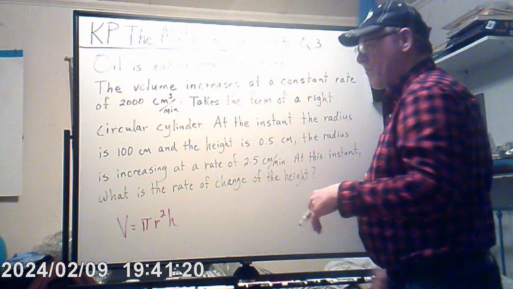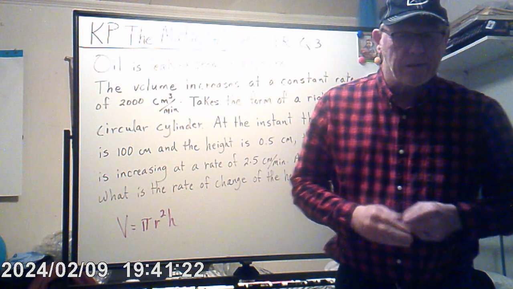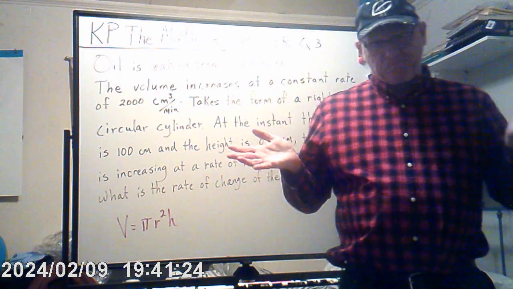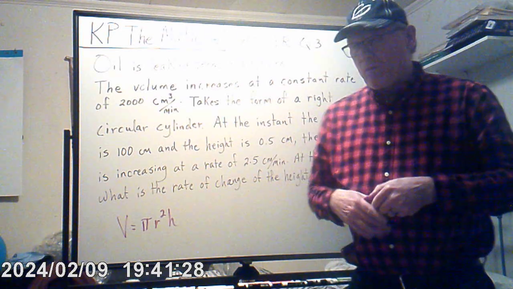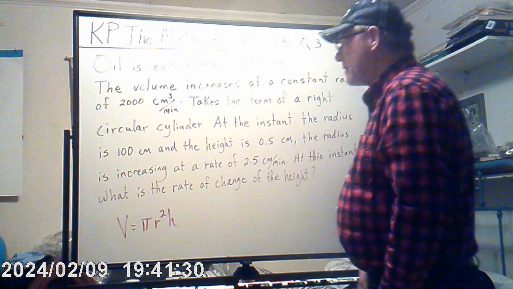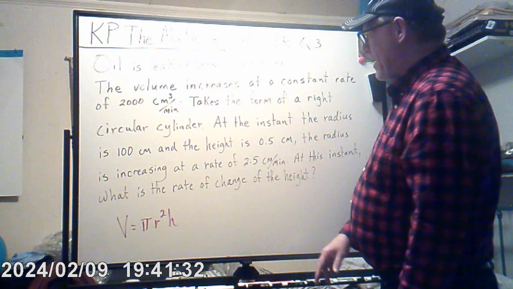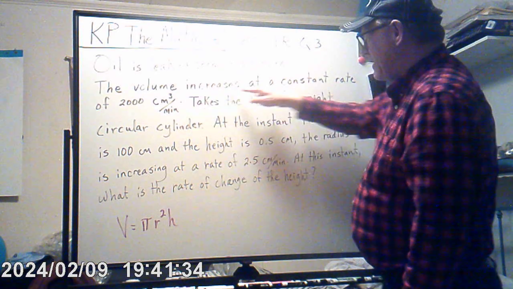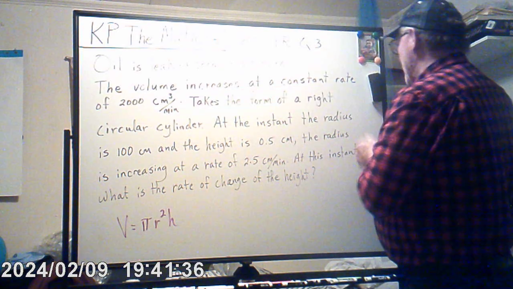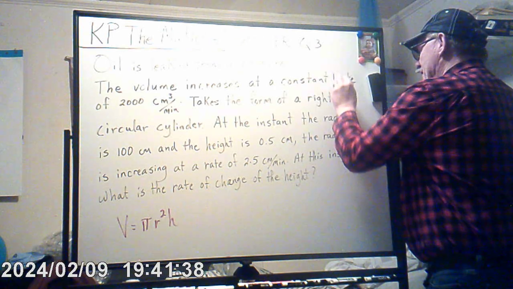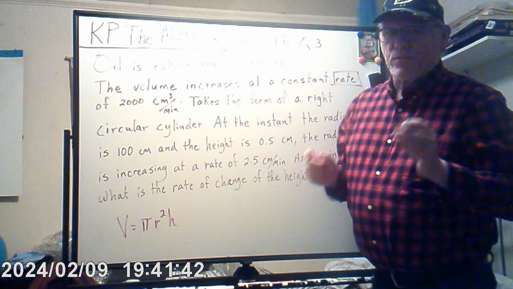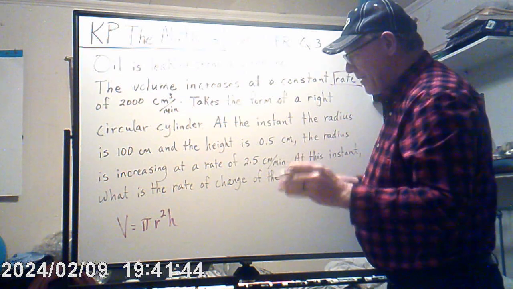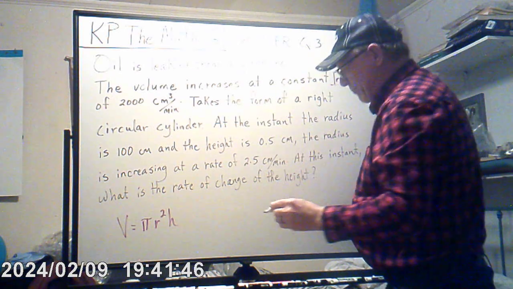When you do a related rate problem like this, you need to know what's what. First of all, we know that the volume increases at a constant rate. So when I see the word rate right here, that's dV over dt. We're going to label everything here.